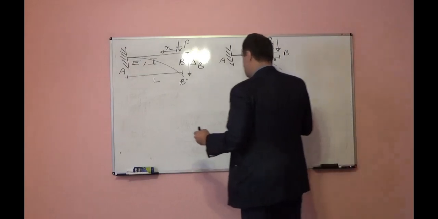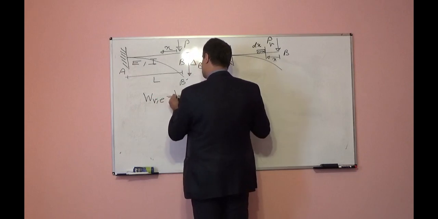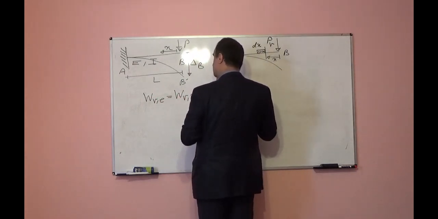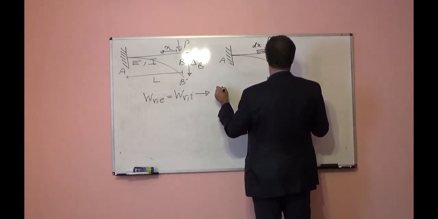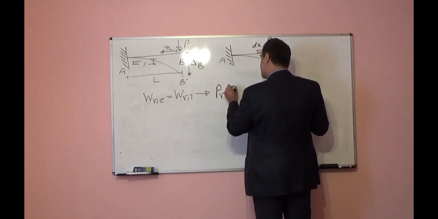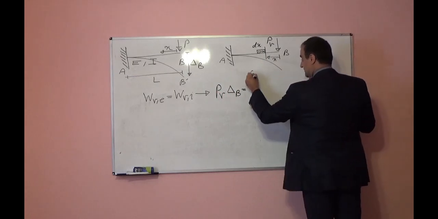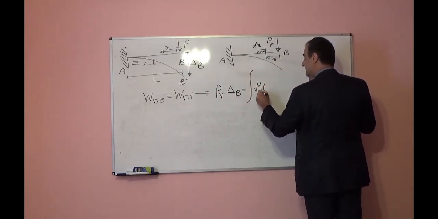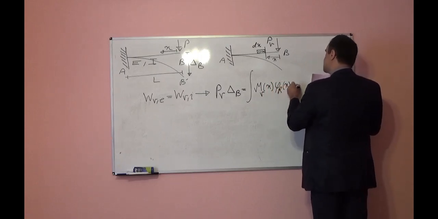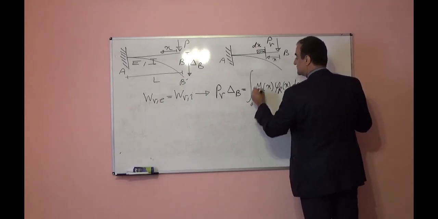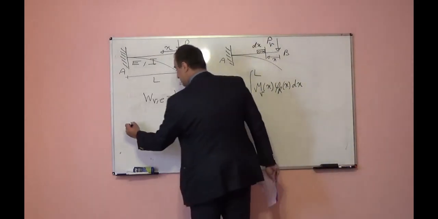If we put these two equal, external virtual work is equal to internal virtual work. From here, what was the external virtual work? It was PV times delta V is equal to integration of mvx phi Rx dx from 0 to L. What is the curvature for one beam?